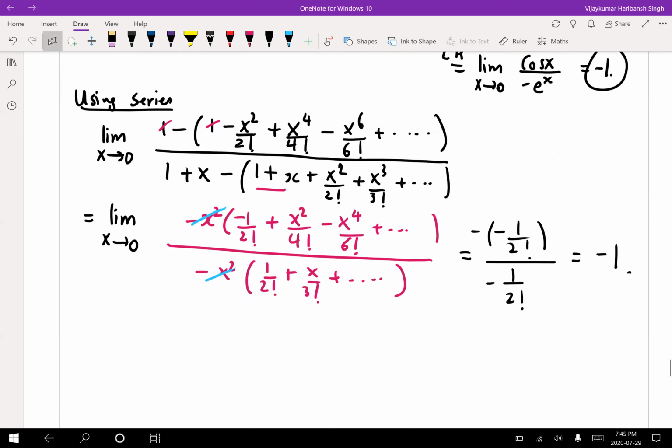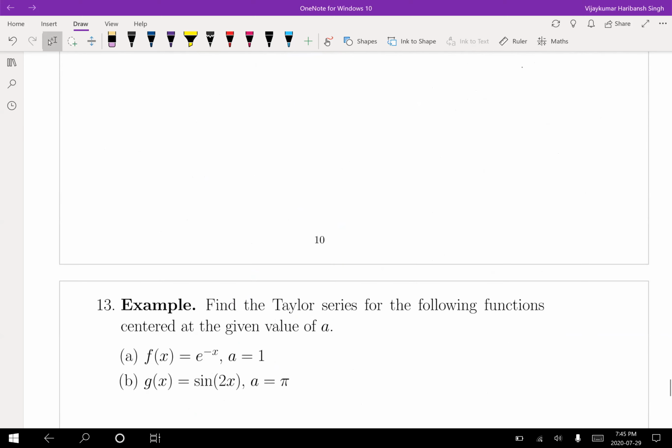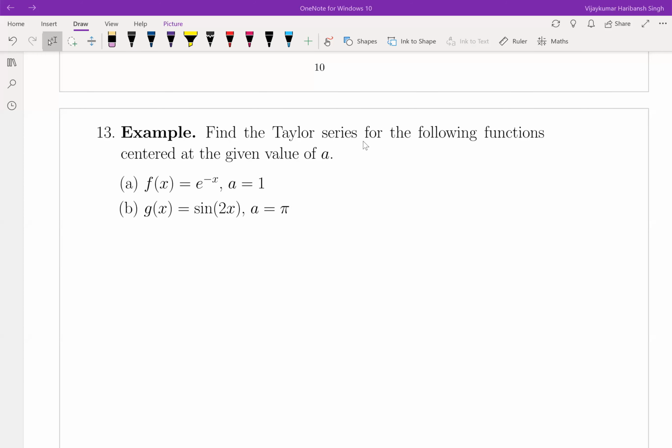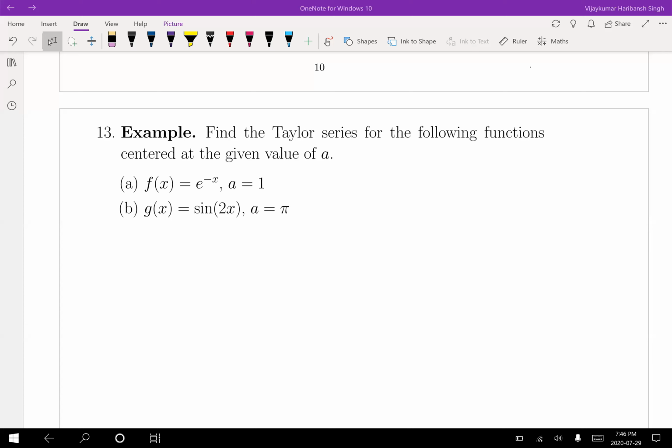All right. So let's move to the next part. Here we are evaluating the Taylor series for the given value of a.